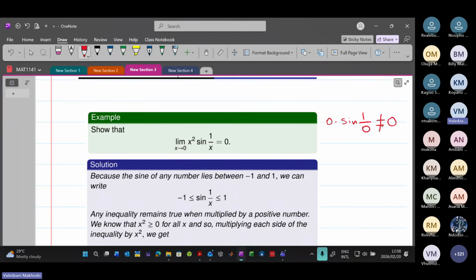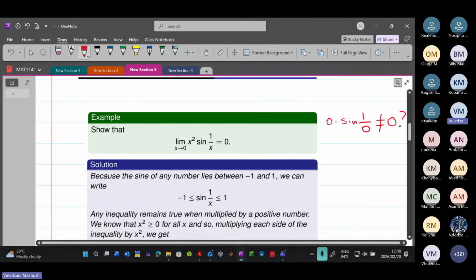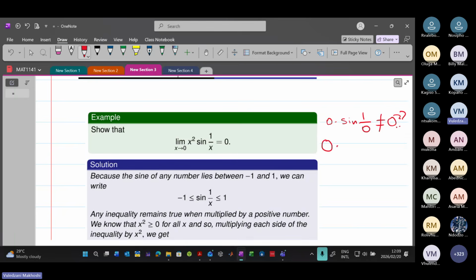And this is meaningless, okay? This is meaningless because it is like a person who is saying 0 multiplied by infinity is equal to 0. This is meaningless.